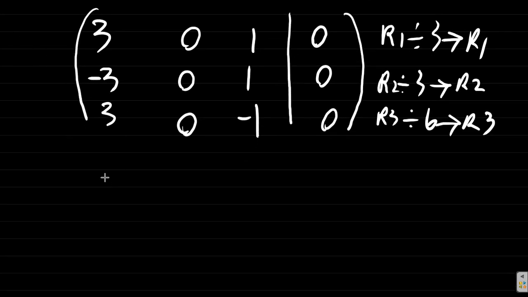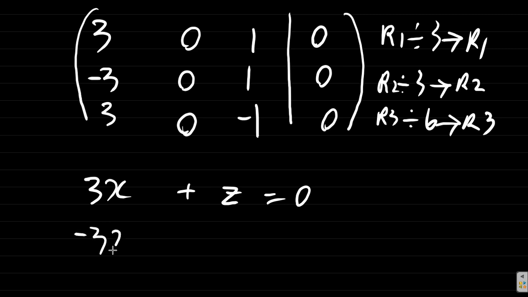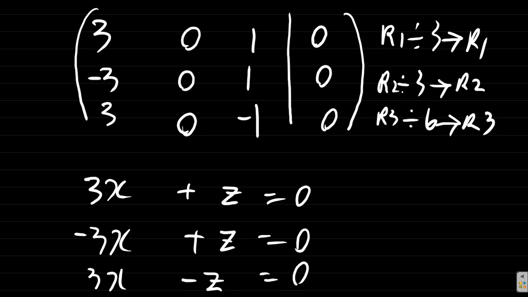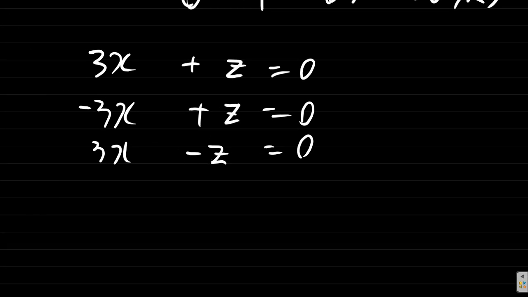So rewriting them in equation form, this is 3x plus 0y plus 1z equals 0. This is negative 3x plus 0y plus 1z equals 0. This is 3x plus 0y minus 1z equals 0. So what we have now is this.